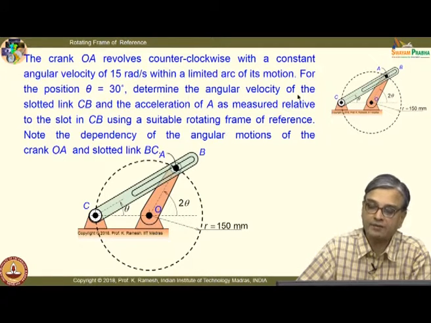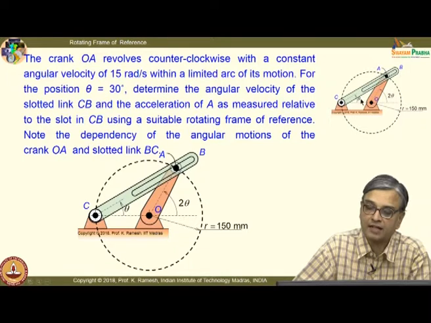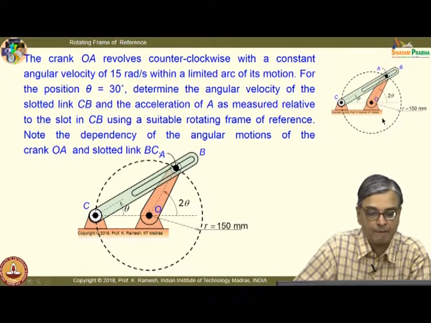And you also have a very interesting aspect. I have this at angle theta, whereas this link is at angle 2 theta. The problem statement says, note the dependency of the angular motions of the crank OA and slotted link BC.